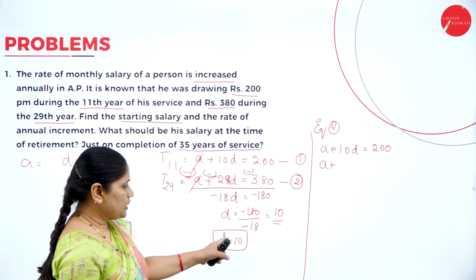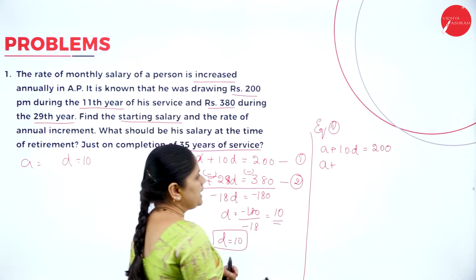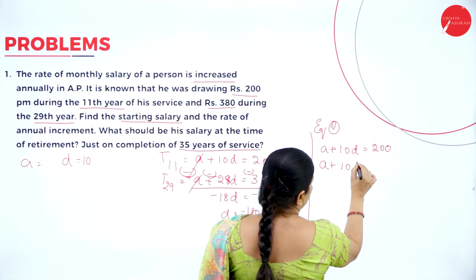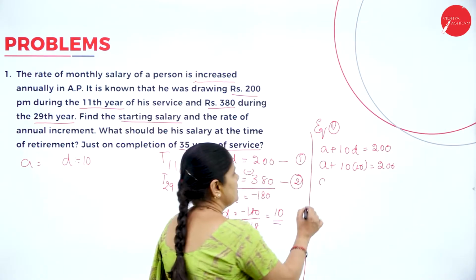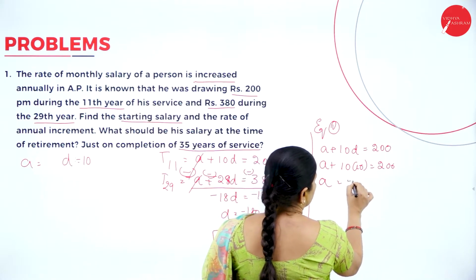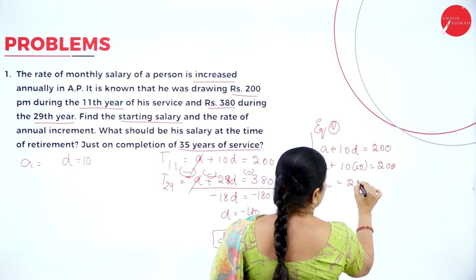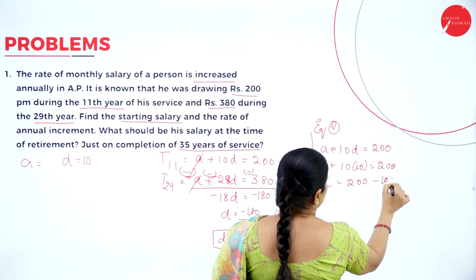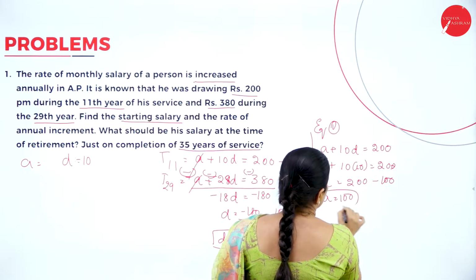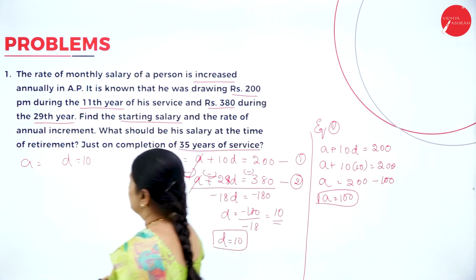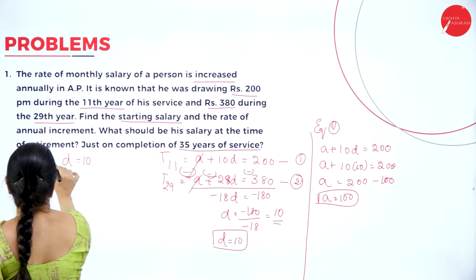Then 10 into D, so 10 into 10, equals 100. So, A will be equal to 200 minus 100. A equals 100 is the answer. So, the starting salary he was getting is 100.